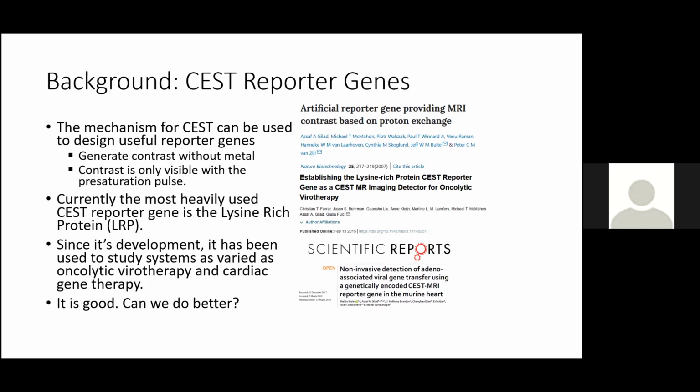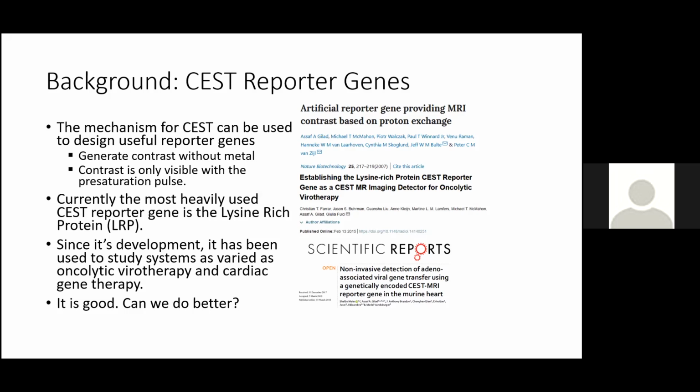CEST doesn't need metal, which is common to the other mechanisms that people make reporter genes in MRI with. Additionally, the contrast is only visible when you apply a pre-saturation pulse, and these pre-saturation pulses are specific to the individual contrast agents. So you can see only one reporter's effect at a given time, or you can see what the image would look like without contrast at all.